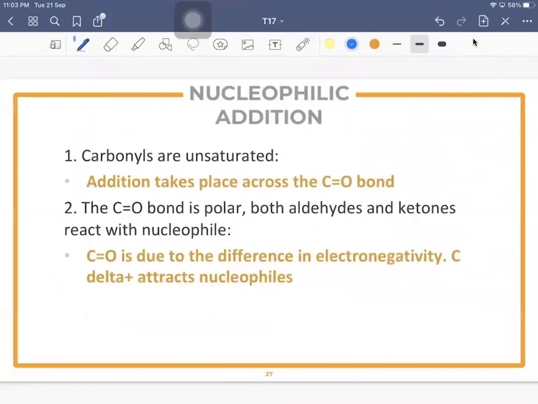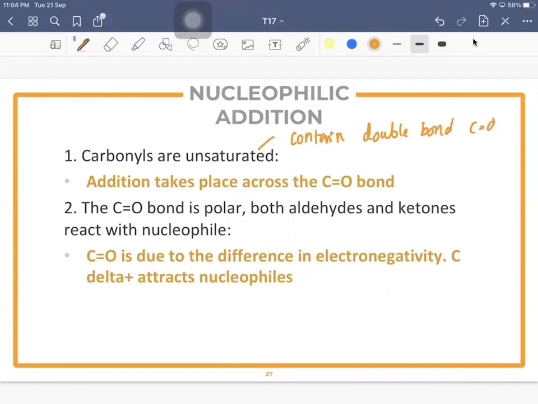Before we look at the mechanism, we're going to cover the theory first of carbonyls and why they undergo nucleophilic addition. So first things first, I've already mentioned this just now, carbonyls are unsaturated. Unsaturated means they contain a double bond, which is the C double bond O, okay?